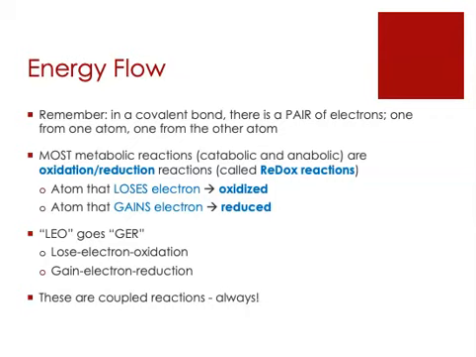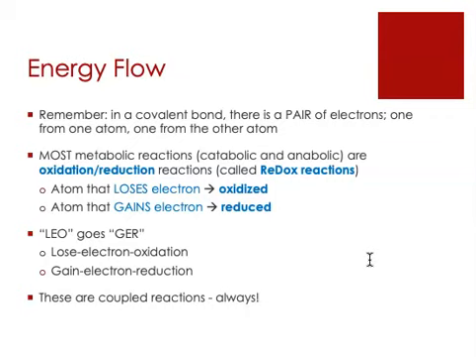Now, there are actually several different very clever little mnemonic devices that people use to remind themselves which one is which. The one that I would like us to learn is Leo goes grr. Leo goes grr. Leo means loss or lose electrons, oxidation, and grr means gain electrons, reduction.